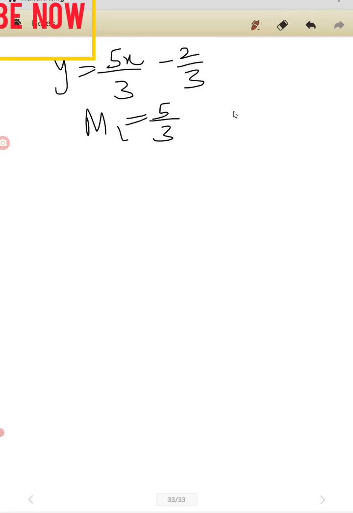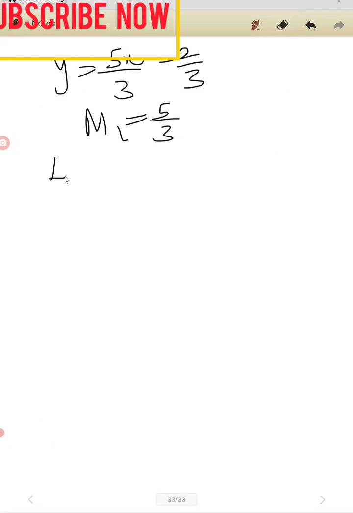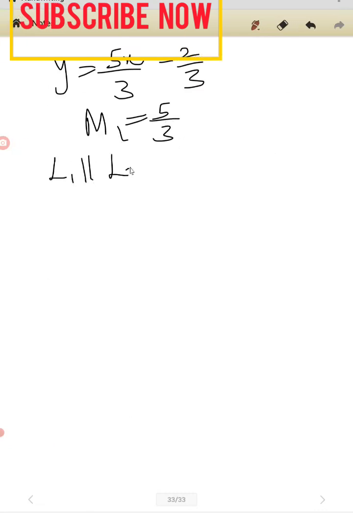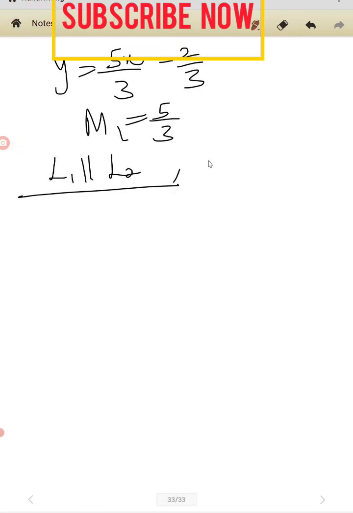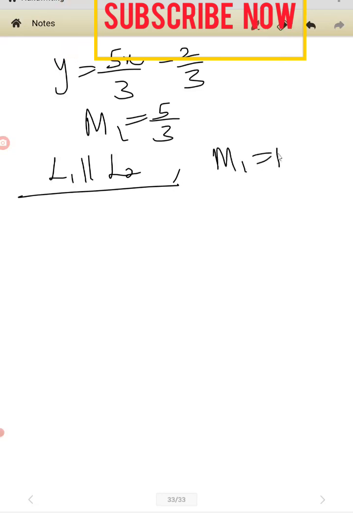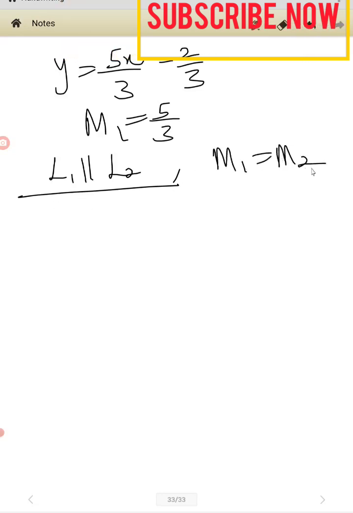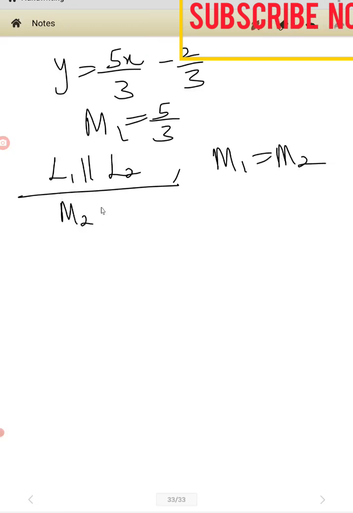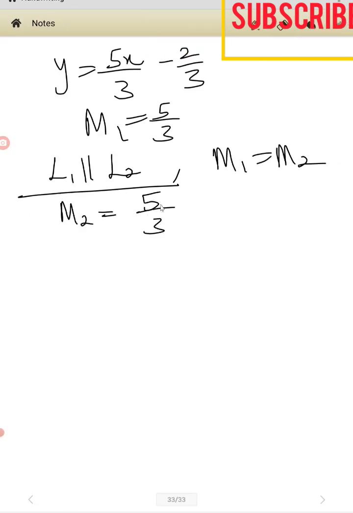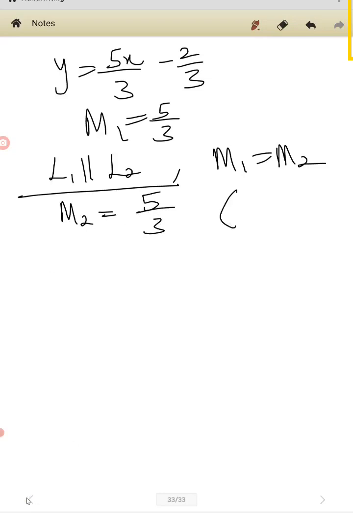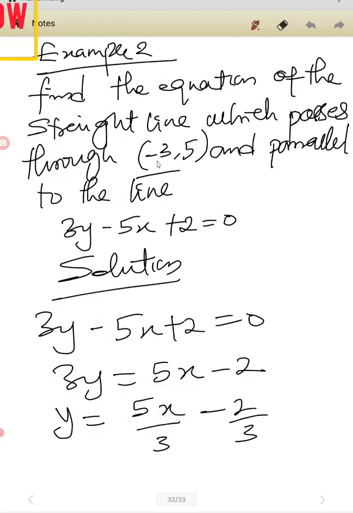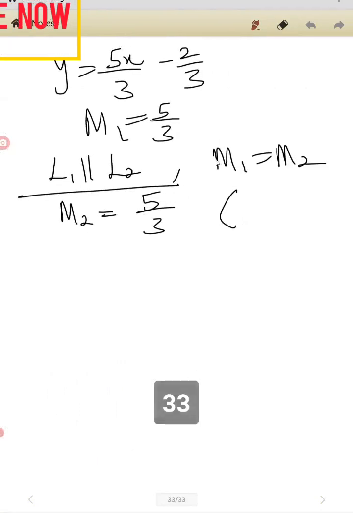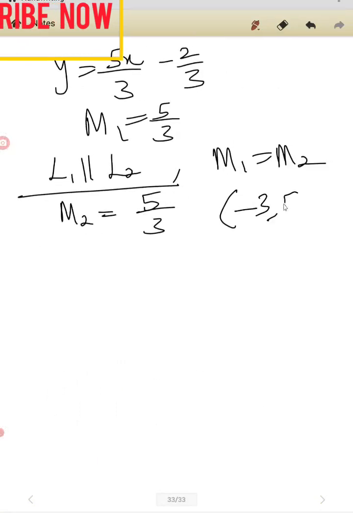But the condition tells us that line 1 is parallel to line 2, meaning that m1 must be equal to m2. So we get the value of m2 to be 5 over 3 because of the condition of parallelism. Therefore, from the question, our point is minus 3 and 5.